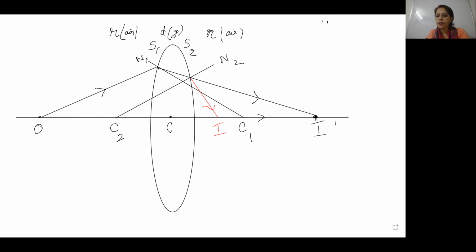So now let us derive the formula. So first refraction at S1. First refraction at S1, when it is going from rarer to denser medium. What was the formula? We have already done refraction through the spherical surface: minus N1 by U plus N2 by V. Yes, children, what is that?